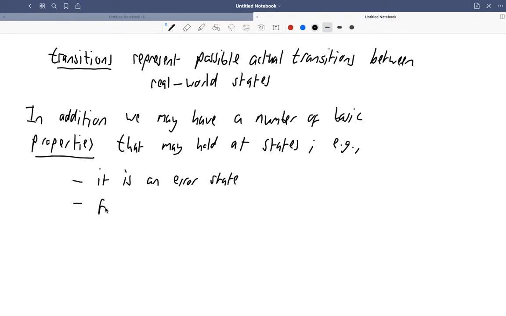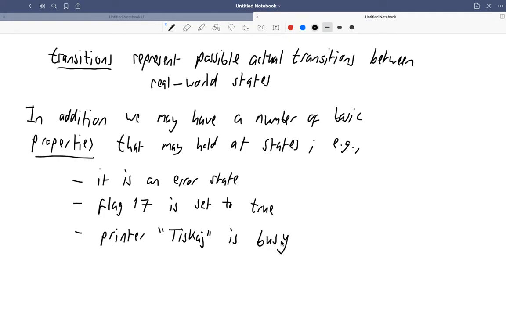Or something like flag 17, some piece of data is in this state, is set to true. Or in this particular state, something like the printer disky, it's the name of the printer in this case, is busy. And so on. These are just examples, etc.